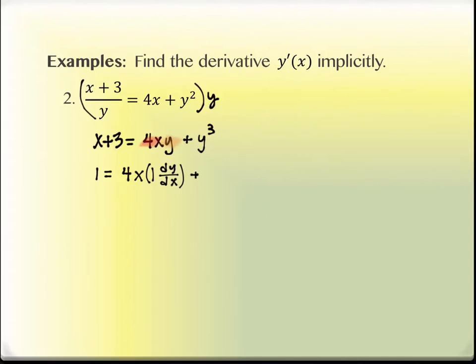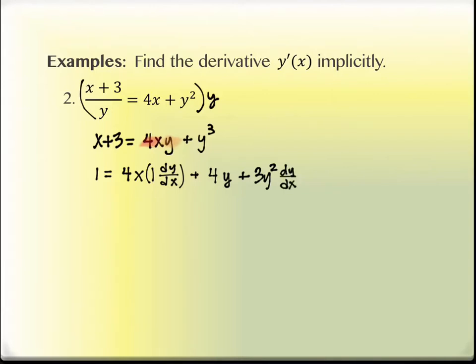And then I flip it around. I need the derivative of 4x, which is 4. And then I just rewrite the y. Right, the second piece gets rewritten. And then I need the derivative of y cubed, which is 3y squared dy dx.